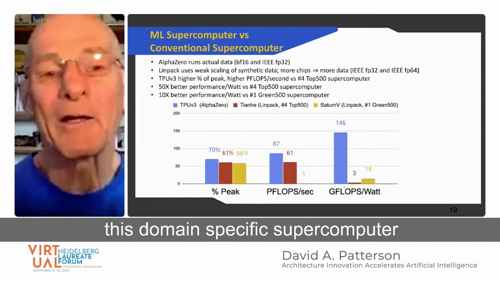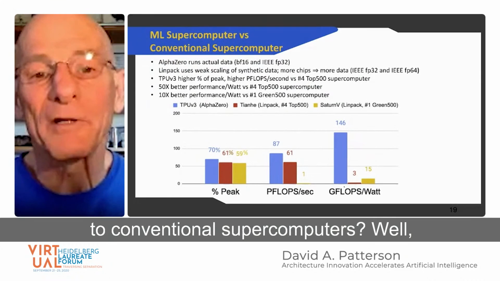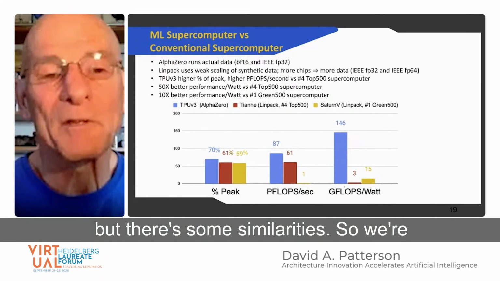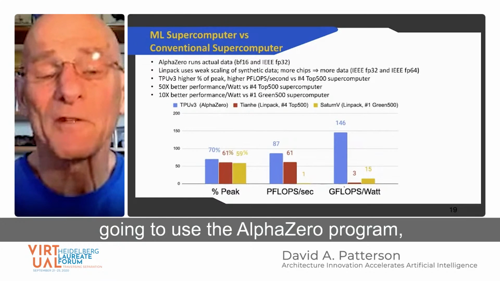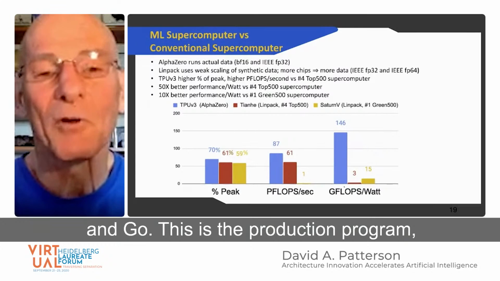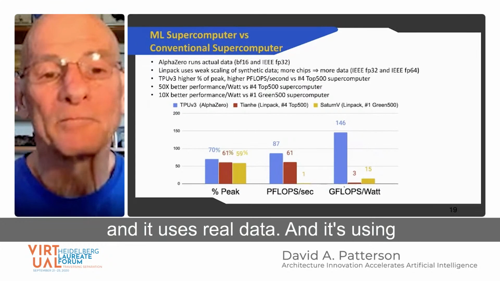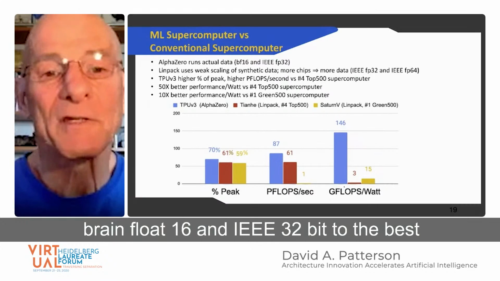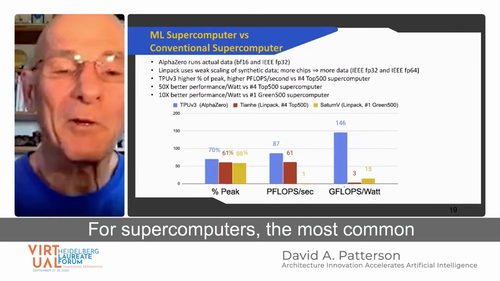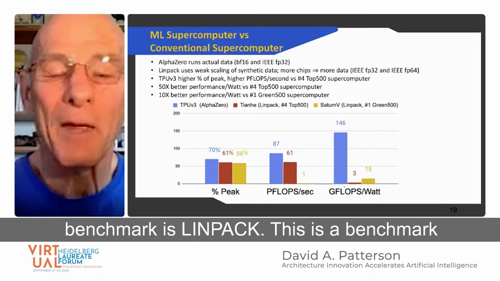How can we compare this domain-specific supercomputer to conventional supercomputers? Well, it's not going to be apples and oranges, but there's some similarity. So we're going to use the AlphaZero program, the one that beats everybody at chess. This is the production program in Go, using real data. And it's using BrainFloat16 and IEEE 32-bit for its calculations. For supercomputers, the most common benchmark is Linpack.